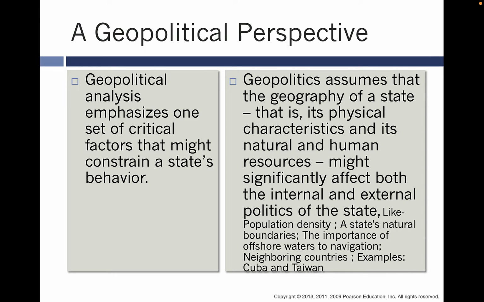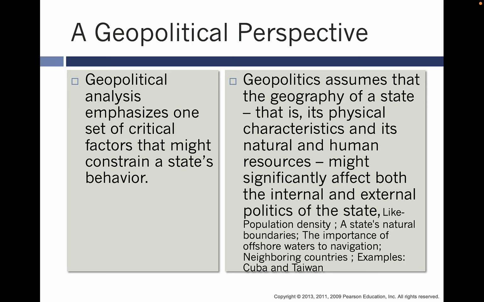We also have a geopolitical perspective that comes out of this chapter, and this assumes that the geography of each state, its physical characteristics, natural resources, human resources, might significantly affect both the internal and external politics of a state, like having a heavily populated country, natural boundaries.